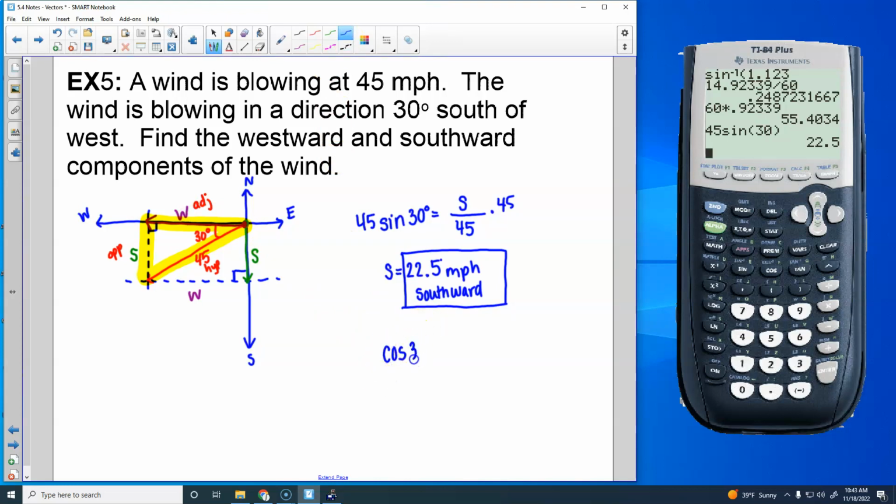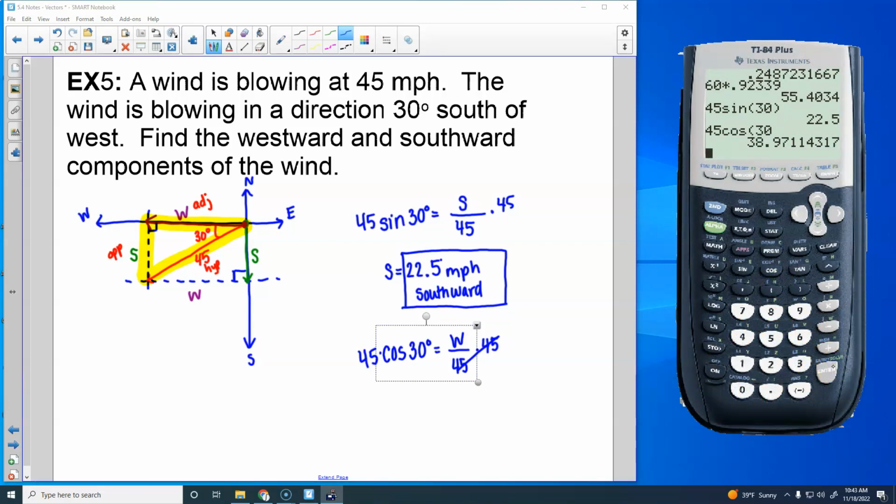So cosine of 30 degrees is going to be W over 45. And you just have to multiply both sides by 45. And 45 cosine 30 is going to give us 38.971.